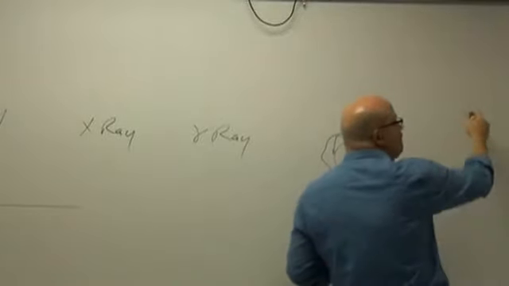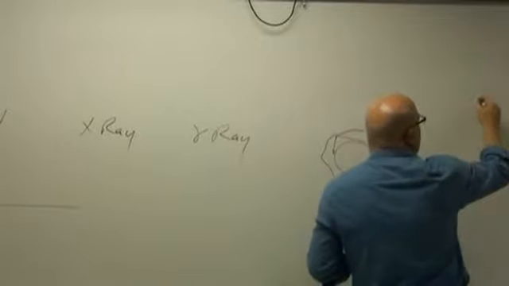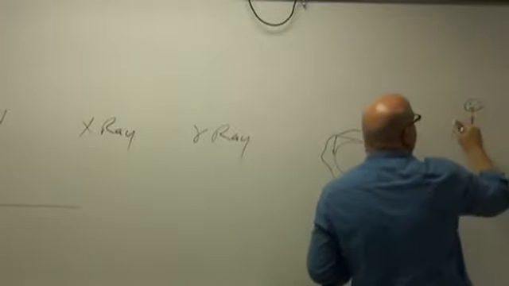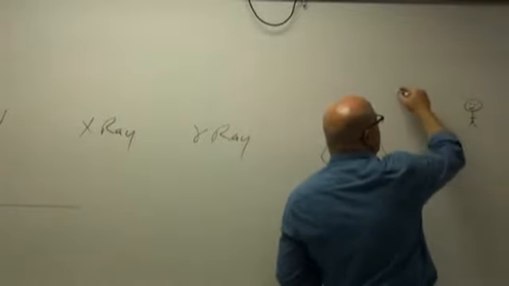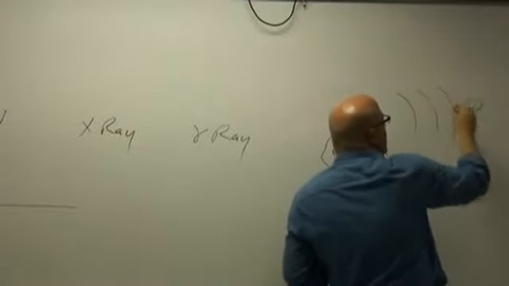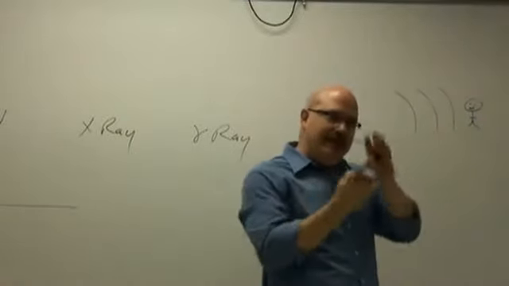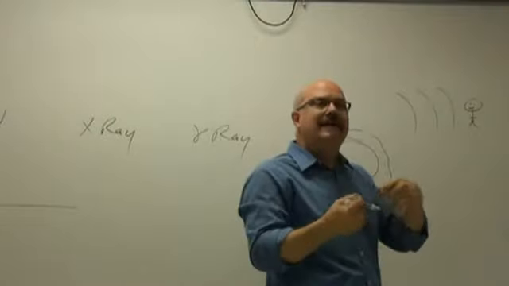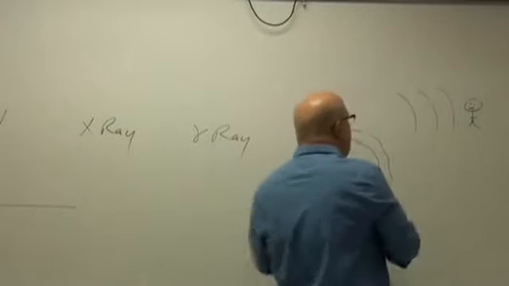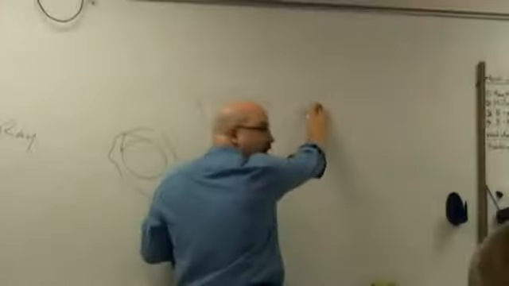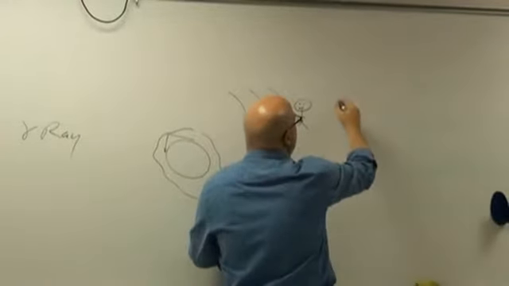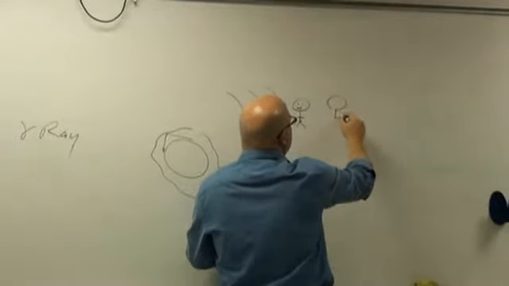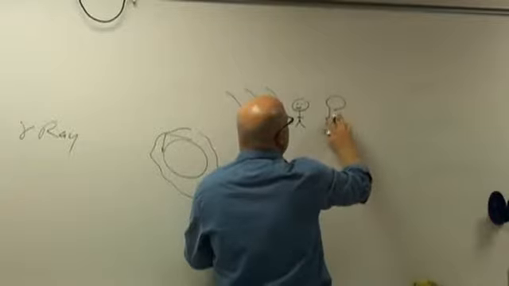Also, since AM waves are so much bigger, remember the thing that we called diffraction, where a wave bends around an object. If you're standing here and a wave comes towards you, and the wave is a really short wavelength, like light, it'll cast a nice, crisp shadow of you.